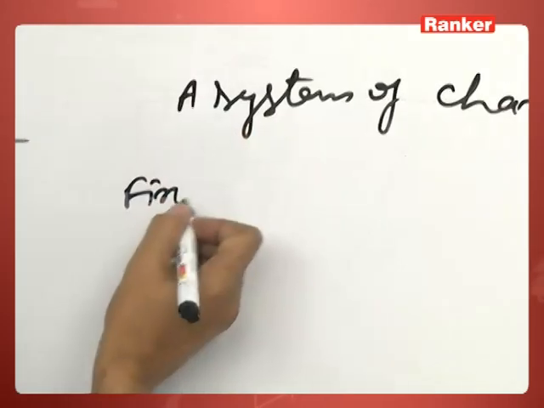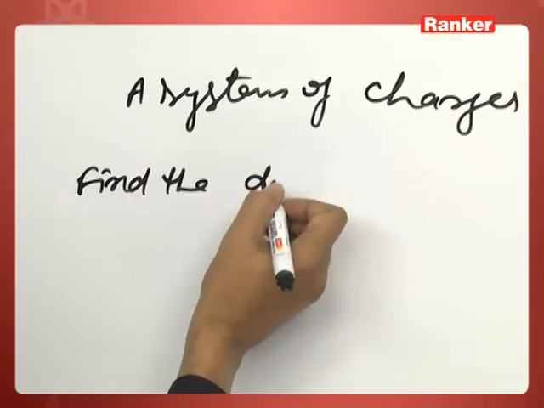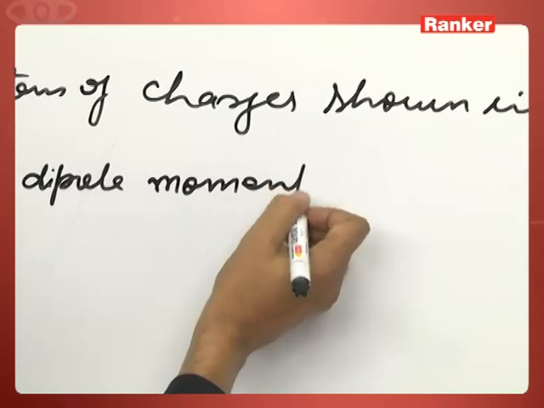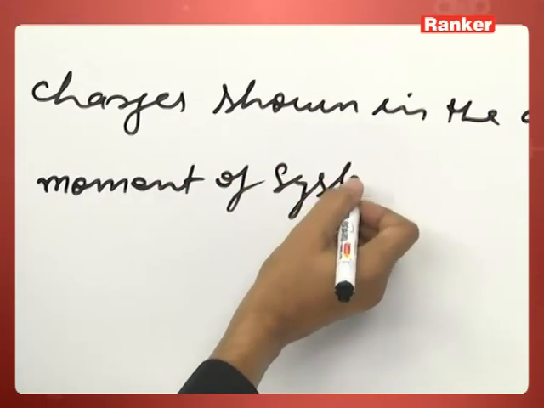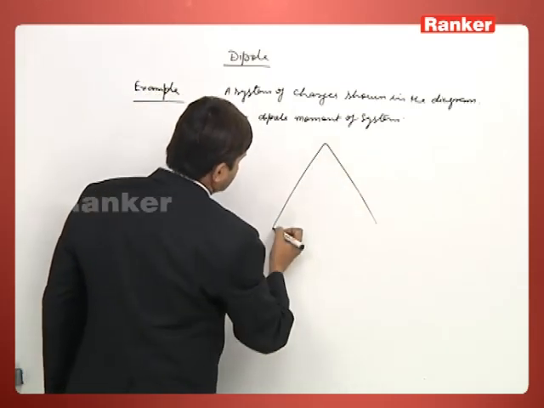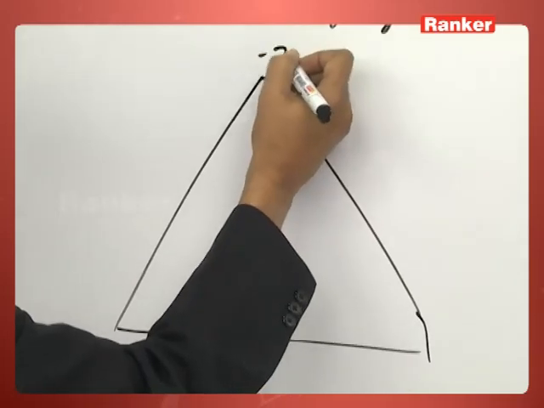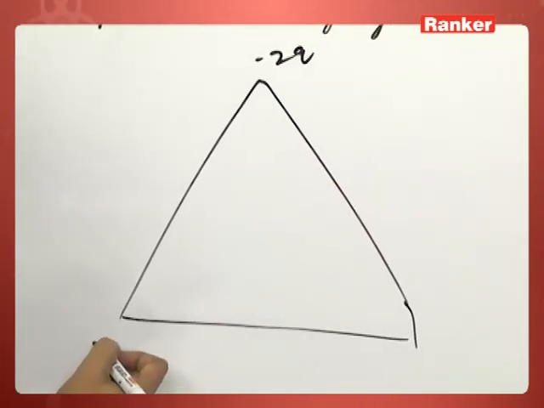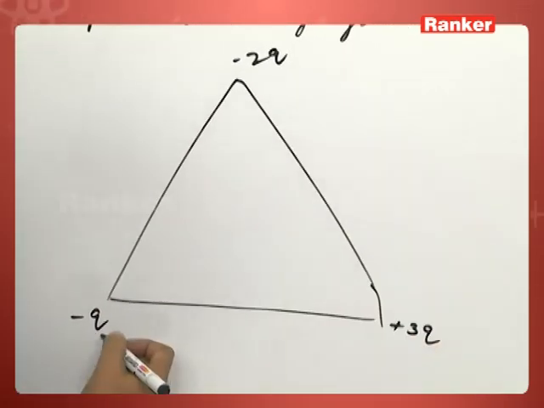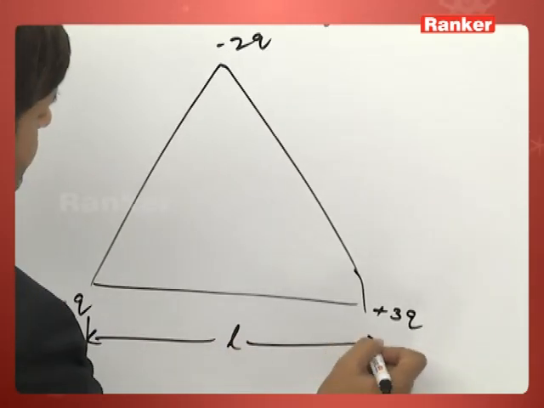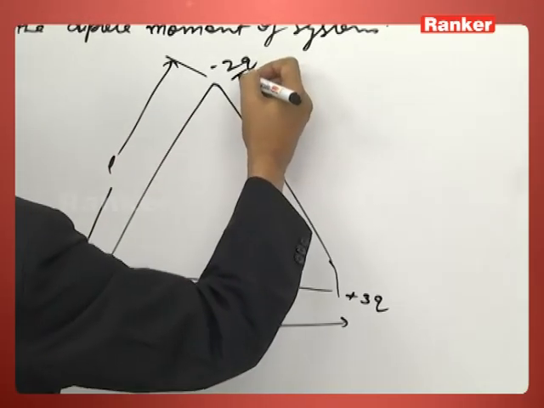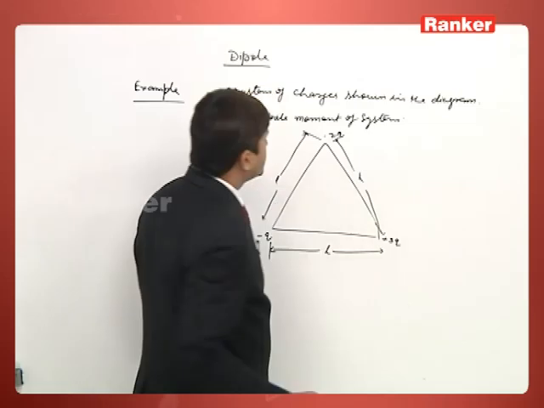Find the dipole moment of the system. Let here be minus 2q charge and here minus q, and this is your plus 3q, and all these charges are kept at the corners of an equilateral triangle. Question like this.